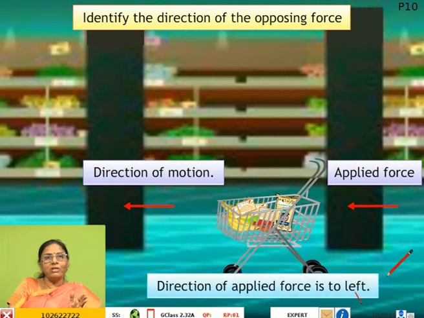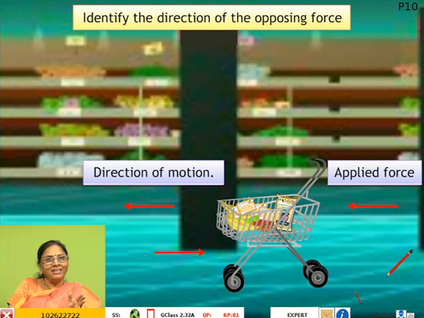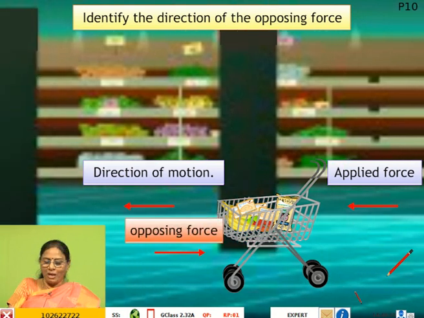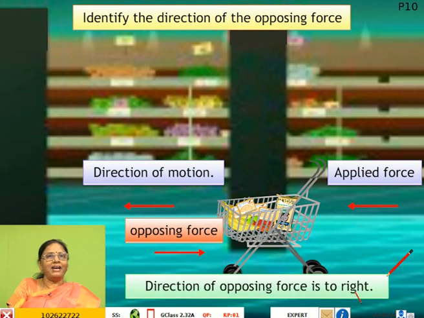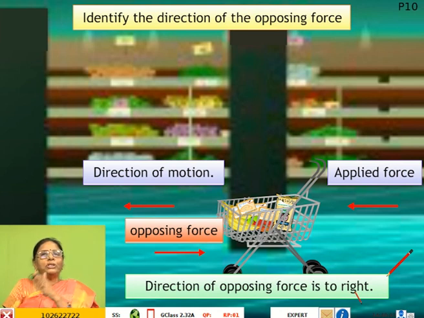And what will be the direction of the opposing force? Yes, it must be towards the right. So, the opposing force is towards the right. So, you all must know that the opposing force acts in a direction opposite to the direction in which the object moves. Is it clear, children?